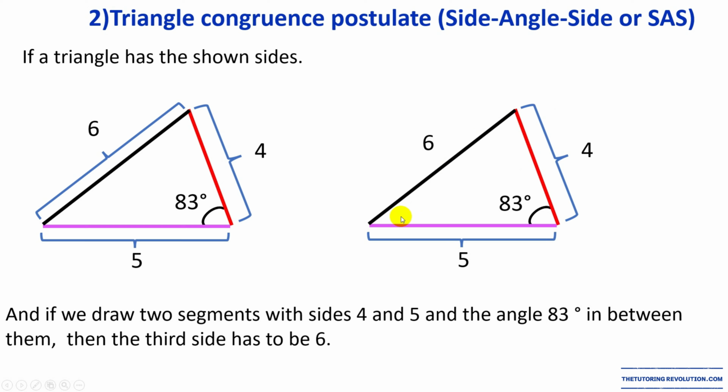You can do the experiment yourself, but it's kind of obvious that this side has to be the same as this side, because this is like a frame that cannot change. The angle cannot change, therefore this distance can also not change. So yeah, I think this postulate cannot be challenged, right? It's kind of self-evident.